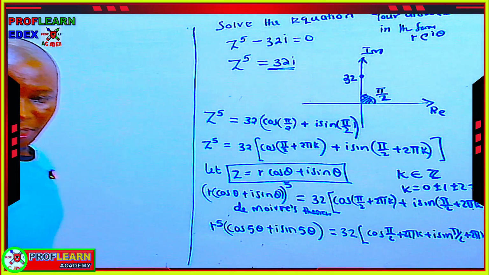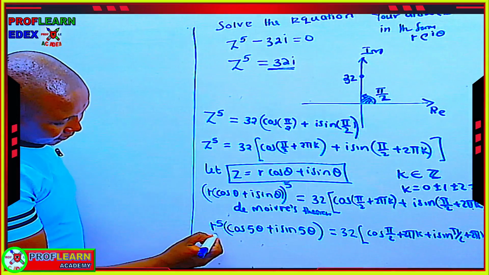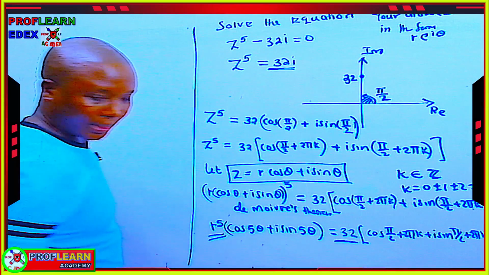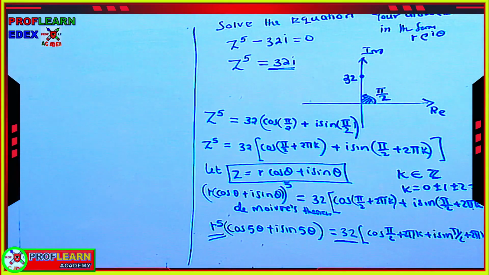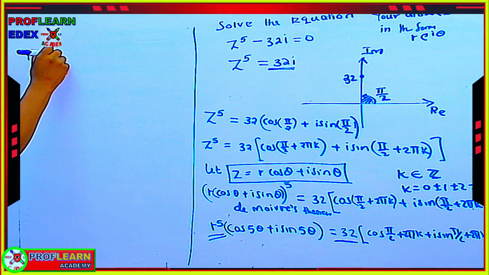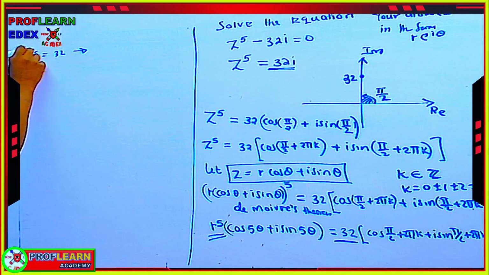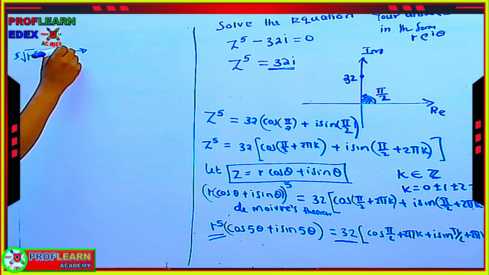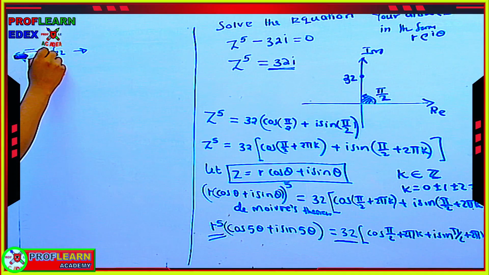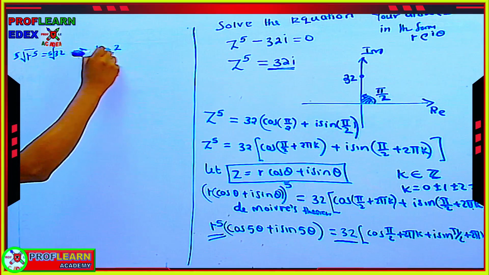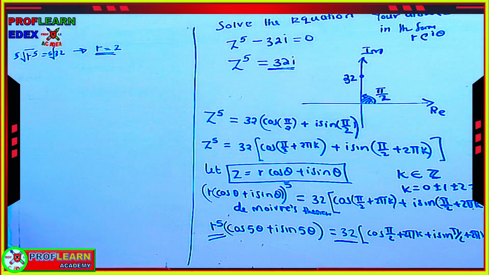So we see r to the power 5 is equal to 32. That is the first thing we're going to do. So r to the power 5 is equal to 32, and this implies, finding the fifth root, our answer becomes r is equal to 2.